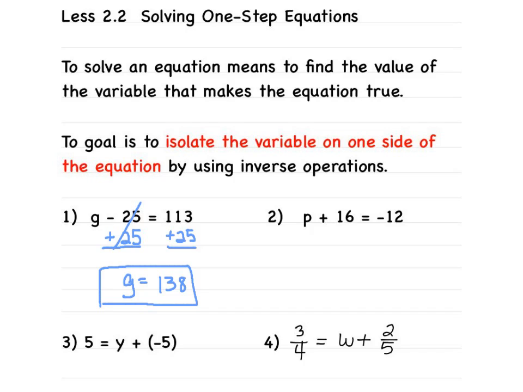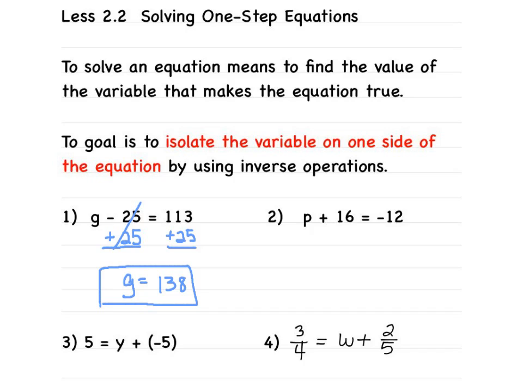Our variable is P, and we'd like to isolate it. We need to get P alone on one side of the equal sign. So because P is not alone right now, we have to ask ourselves, what is being done to P? Well, 16 is being added to it. The inverse of addition would be subtraction.